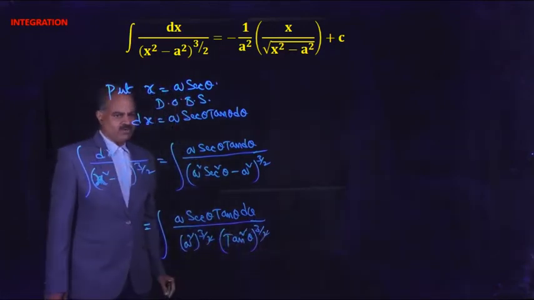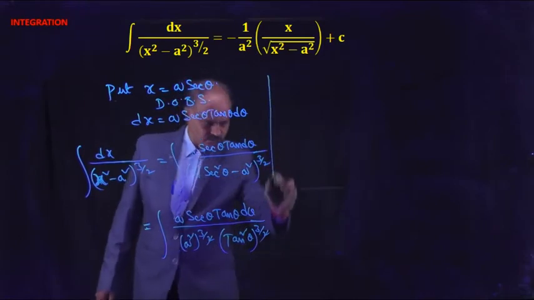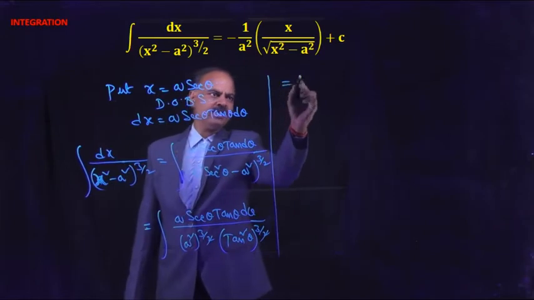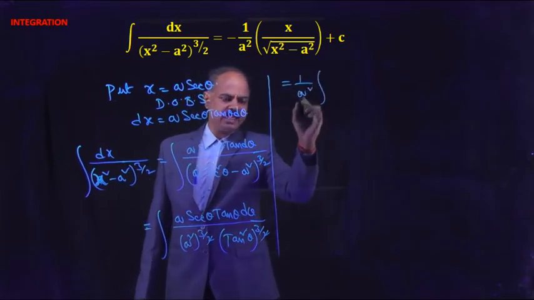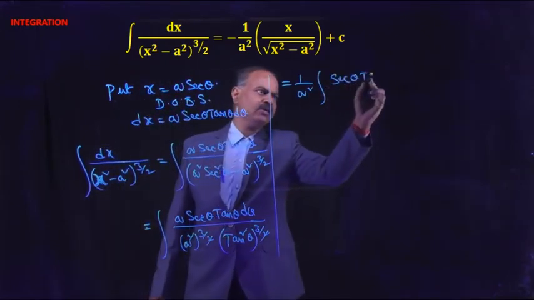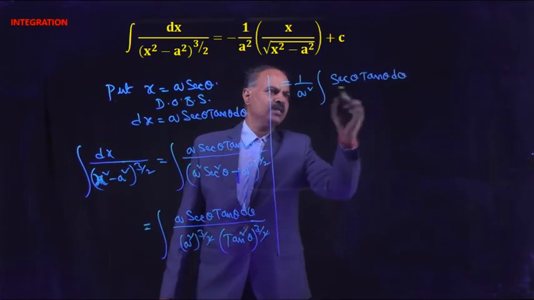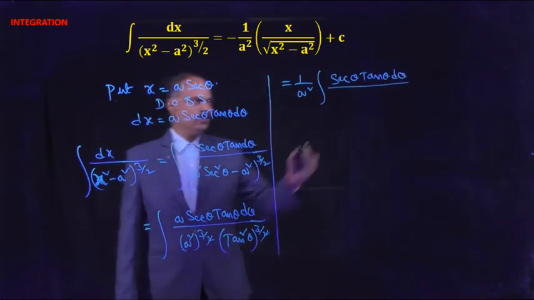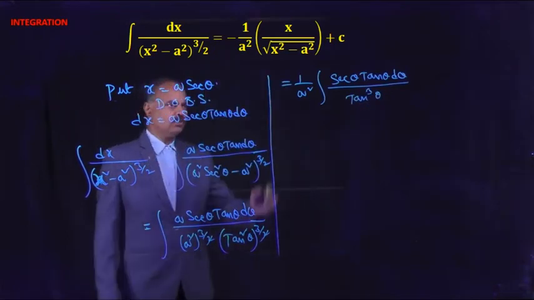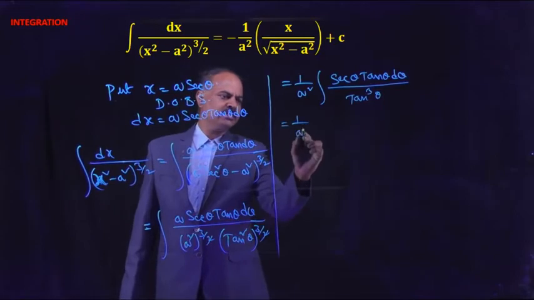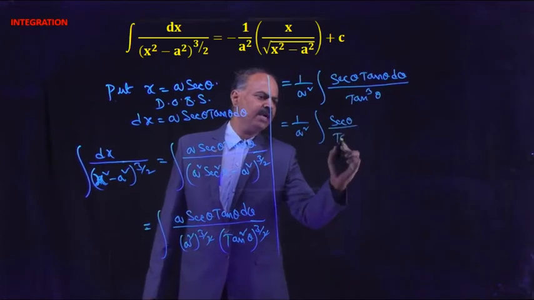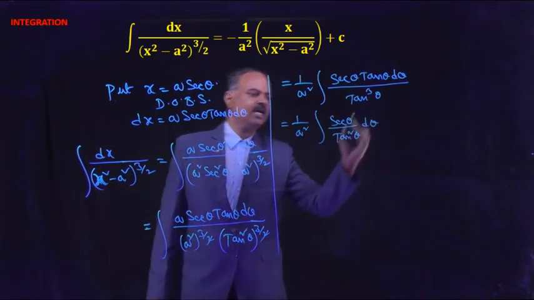Now this equals, here a by a cube equals 1 by a square, integral secant theta into tan theta d theta divided by tan cube theta. Now this equals 1 by a square into integral secant theta divided by tan square theta into d theta.